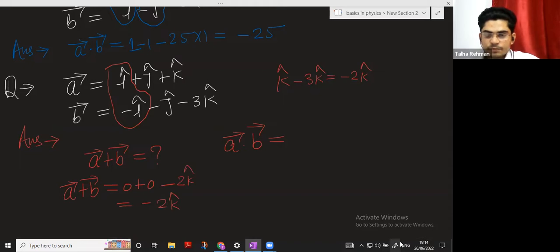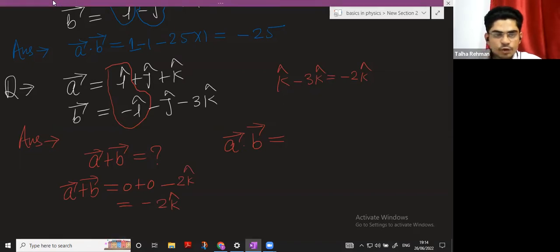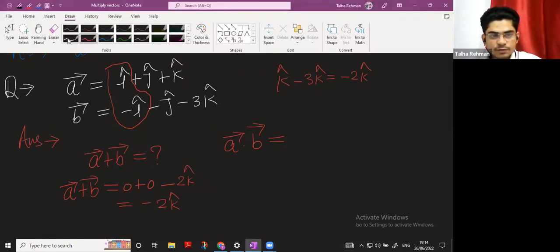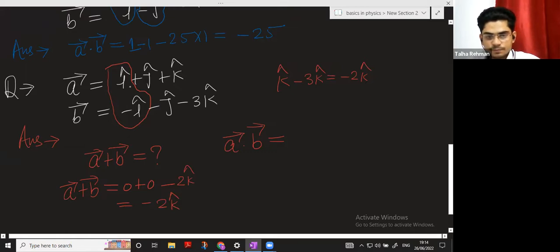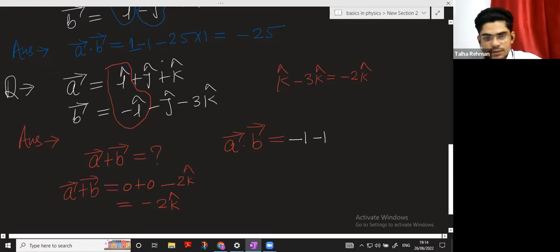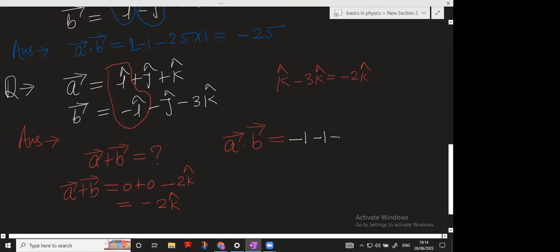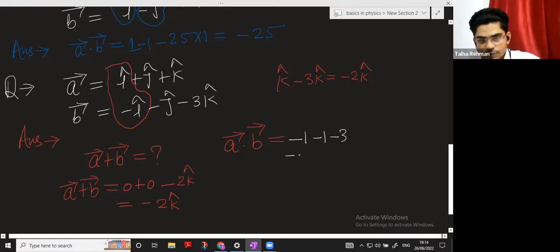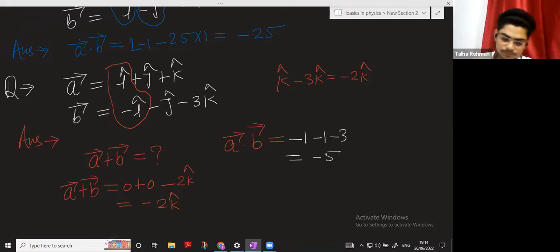And if we want to find A dot B, A dot B means multiplying this. Minus 1, minus 1, after that again minus 1, minus 1, and after that minus 3. So this will be minus 5. Clear? Good.